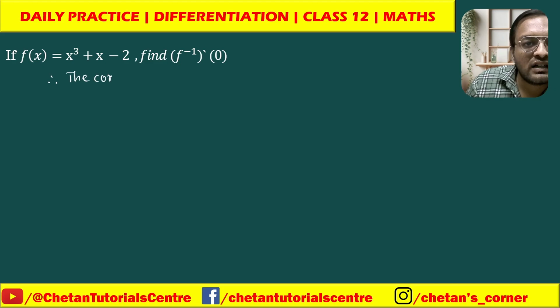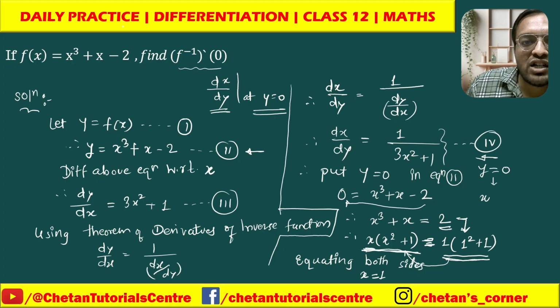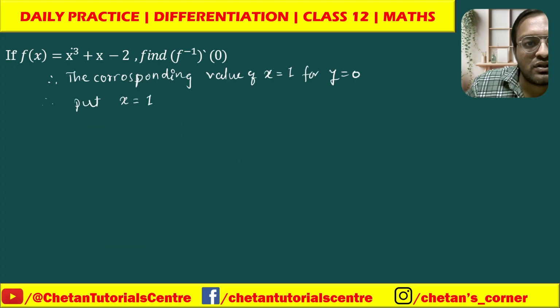The corresponding value of x is 1 for y is equal to 0. Therefore, put x is equal to 1 in equation number 4.